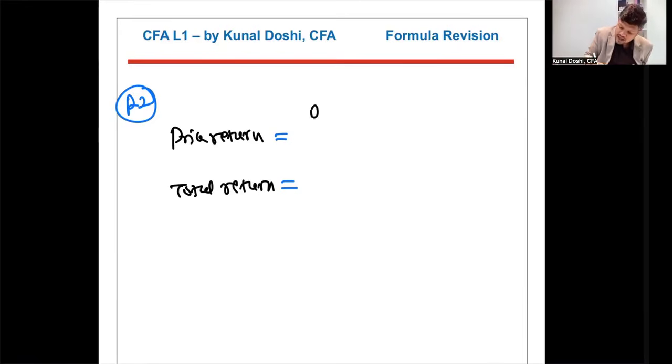So we write P1 minus P0 over P0, right? Or you can simply say ending over beginning minus 1, into 100. I prefer this shortcut, ending over beginning minus 1 into 100. You can do whichever formula you want, okay? Doesn't matter.